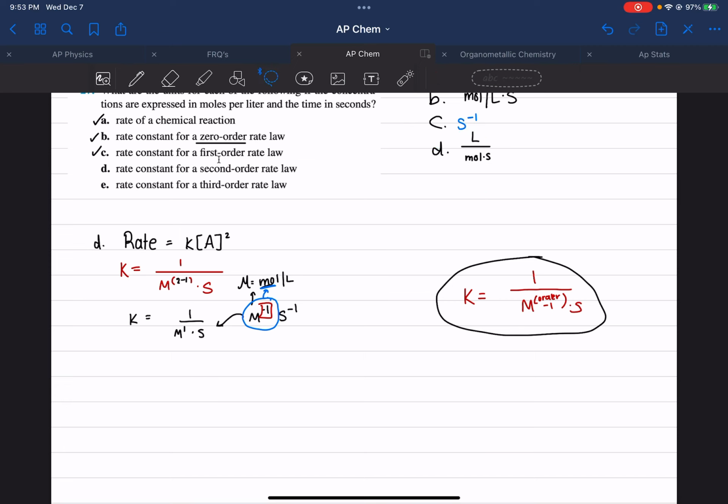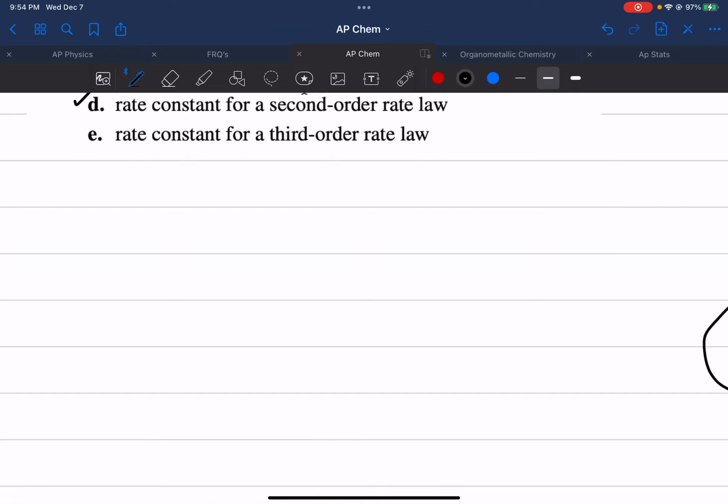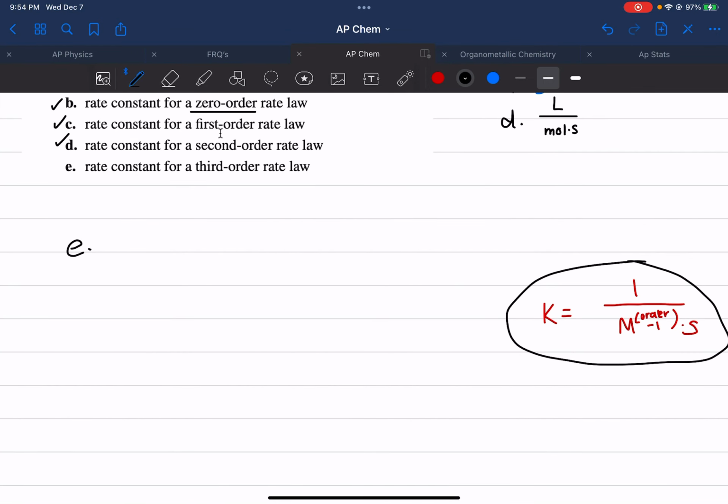Okay. Now, part E is the third order. A lot of people think this one's scary because the units are larger, but it's really not with the formula we have here. E says rate constant for a third order rate law. Now, again, you can solve this algebraically, but I'm not going to. I'm just going to plug in my formula.